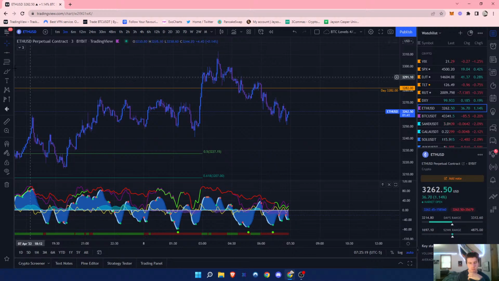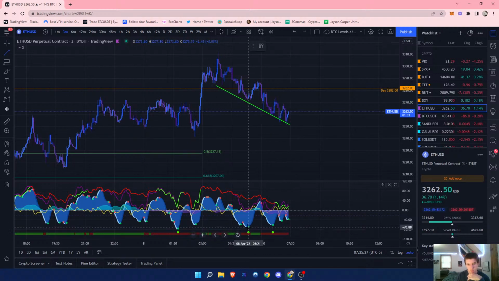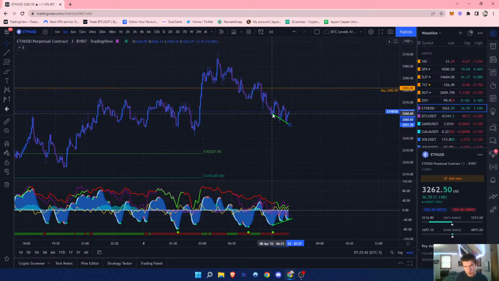As you can see, there's been a pretty good divergence forming on the 3-minute. I mean, even like right here, like money flows coming up, momentum waves, trigger, and price is still making lower lows, so there's momentum building up.